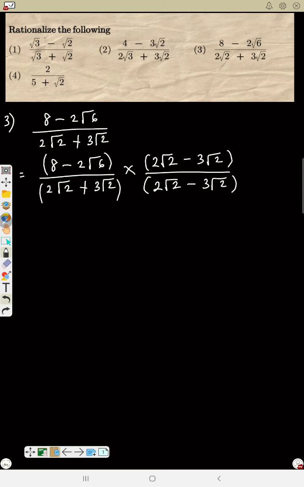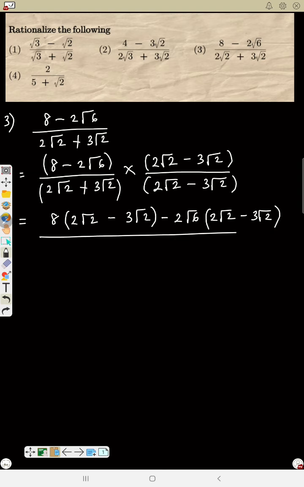So we can expand one by one. So 8 times all this, so that will be 2 root 2 minus 3 root 2. Then minus 2 root 6, and then this one times 2 root 2 minus 3 root 2.